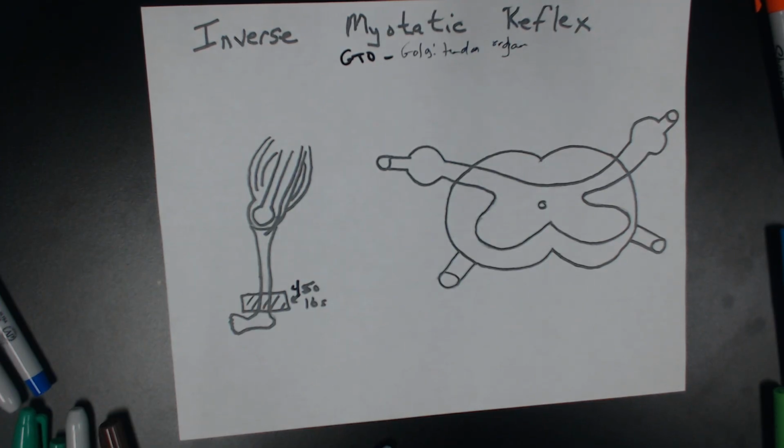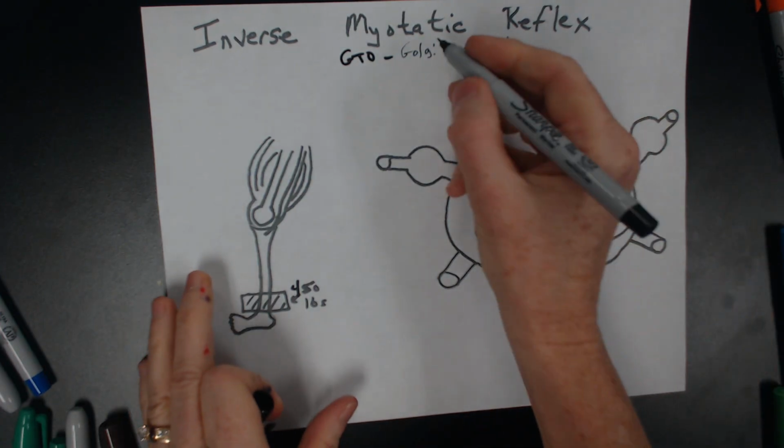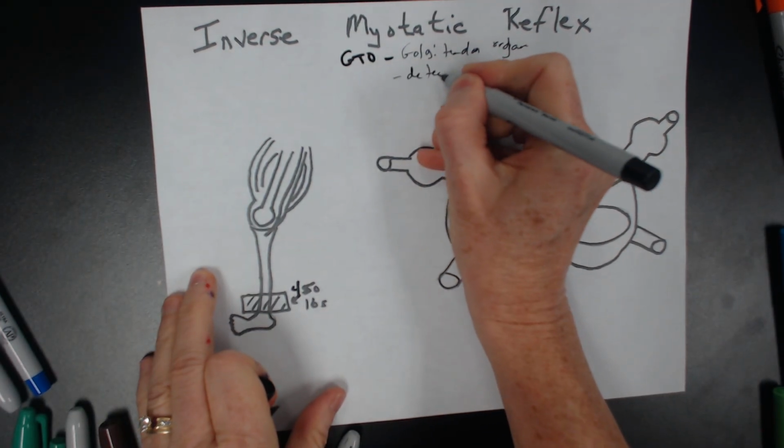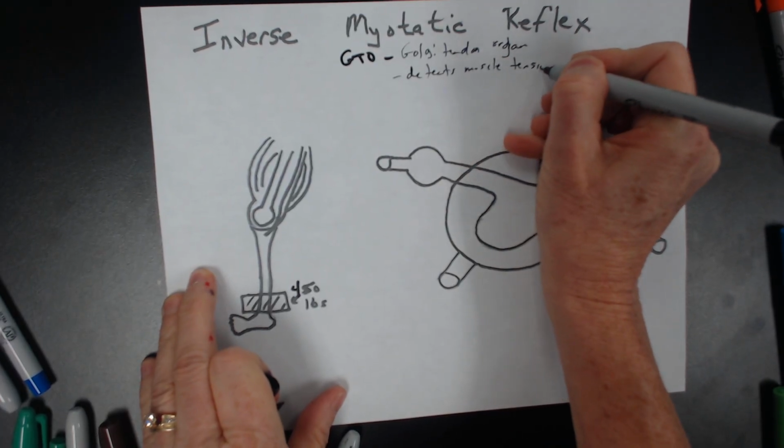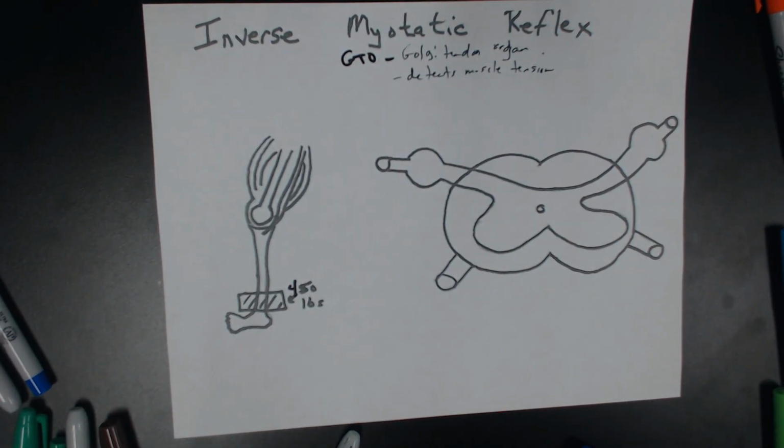Okay. Now, your Golgi tendon organ is going to detect muscle tension. Where the muscle spindle detects stretch, or rapid stretch, or quick stretch, the GTO is going to detect muscle tension. Okay. And again, it acts at the level of the spinal cord.